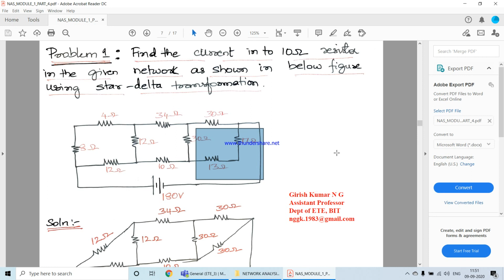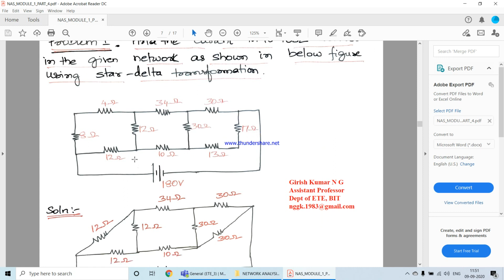When they are in series, I can add the resistance values. Therefore, 8 plus 4 is 12 ohms from the addition of these two resistors. Similarly, 13 plus 17 is 30 ohms. So I have replaced 8 plus 4 with 12 here, and I have replaced 13 plus 17 with 30 here.